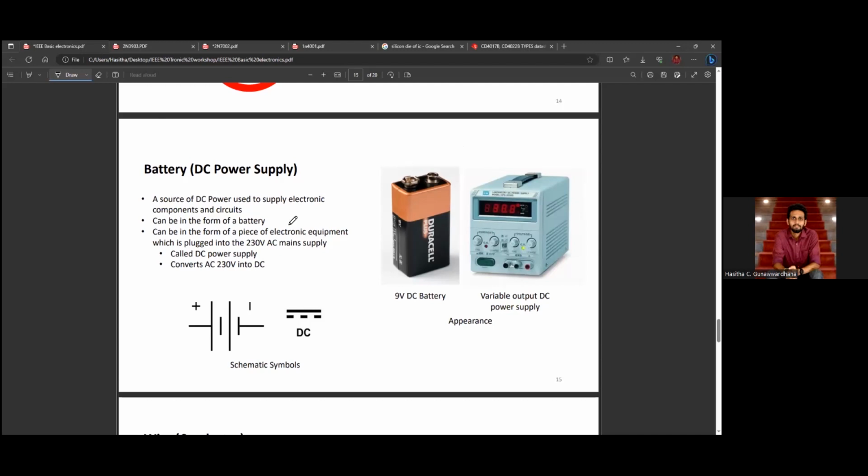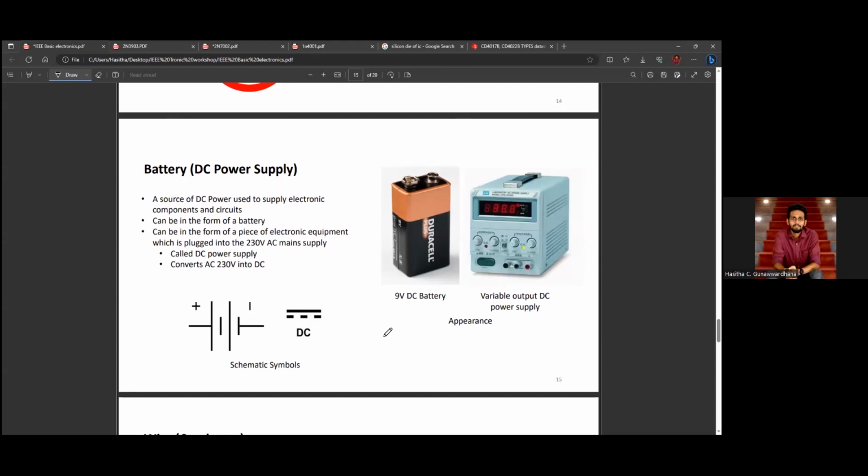But to use a circuit in a reliable way, we have to use a good power supply, which can be a battery or a power supply. Here we have to consider what voltage can be supplied by the power supply, and what current is required for our circuit.